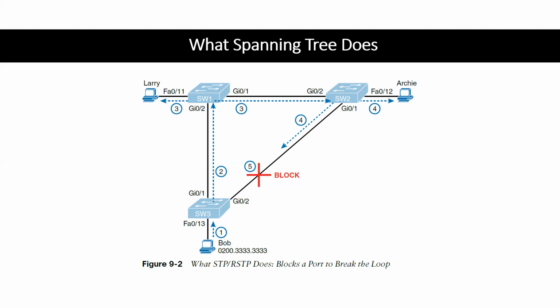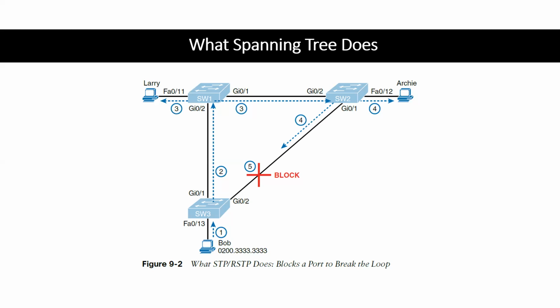Switch 1 connects to switch 2 and switch 3, so there is a redundant link in that spanning tree topology. Switch 1 has a link to switch 2 and a link to switch 3, so it has two ways to get to switch 2 and two ways to get to switch 3.